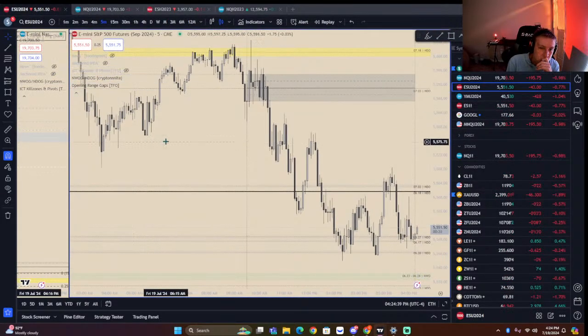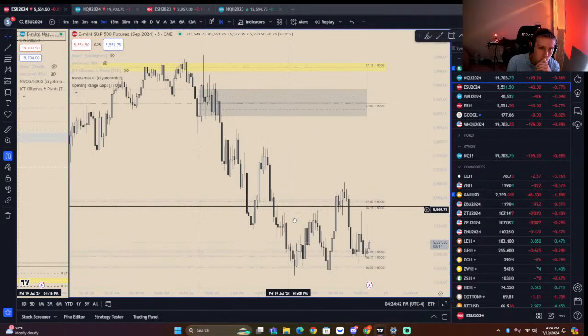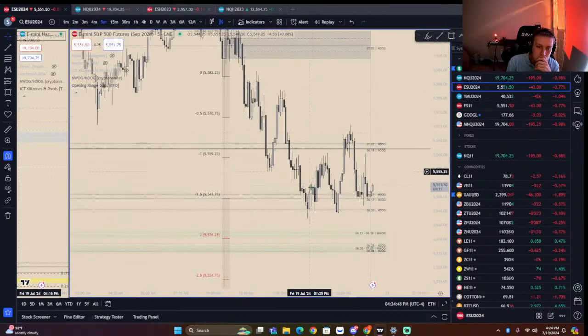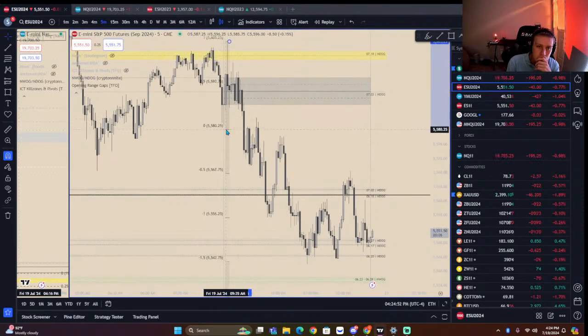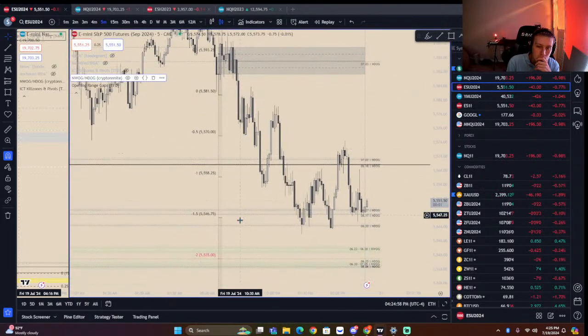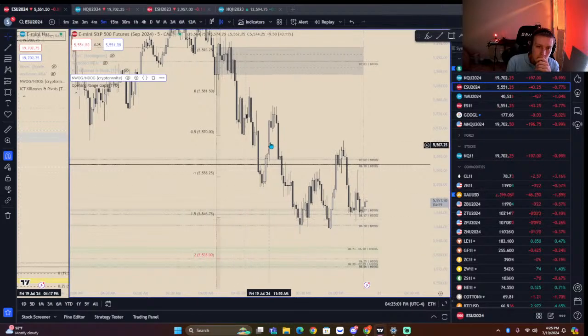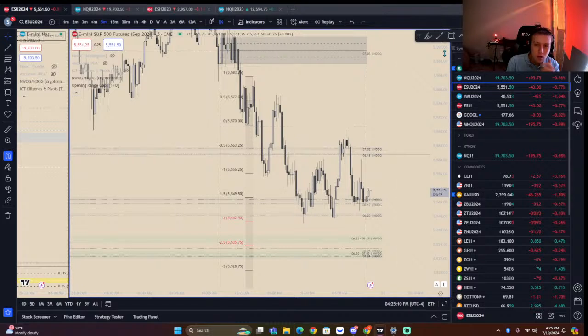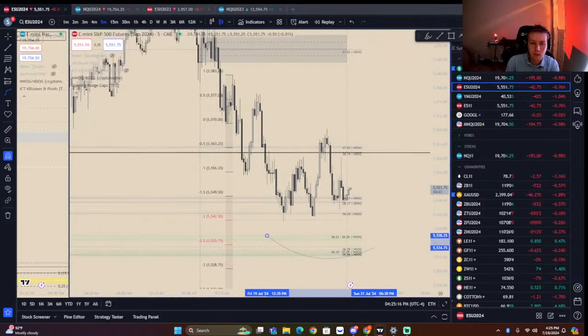Let's look at SB. Negative 1.5. Then new day opening gaps cap the weekly range.